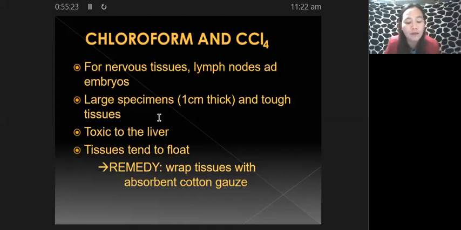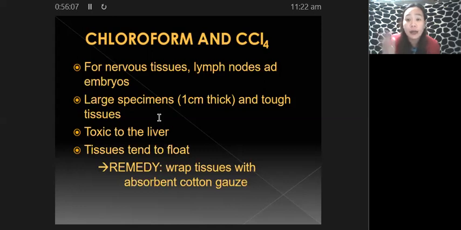So what are some disadvantages of your chloroform and your carbon tetrachloride? Number one, both of them are toxic to the liver. I'm not sure if you discussed this in the pathology part of your human histology, but take note: when chloroform or carbon tetrachloride is introduced to the body, they are considered to be harmful and toxic. What organ is responsible for the detoxification of your chloroform and your carbon tetrachloride?